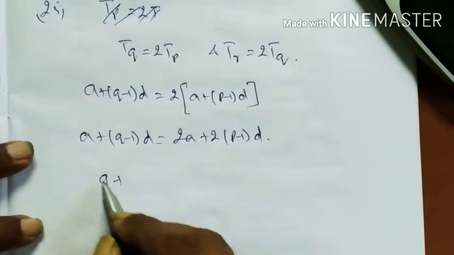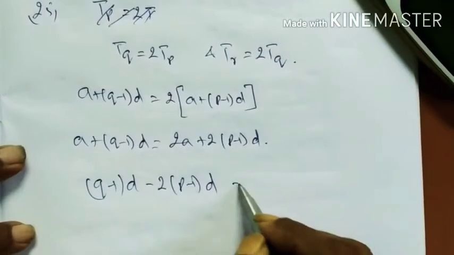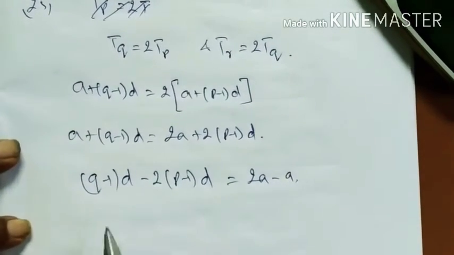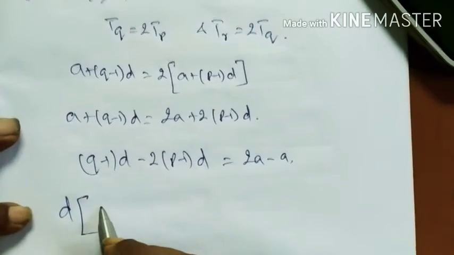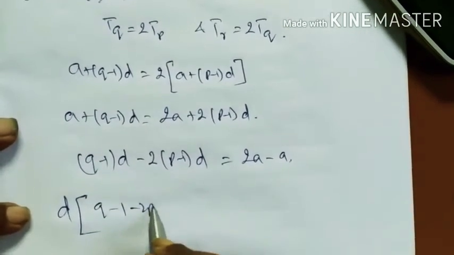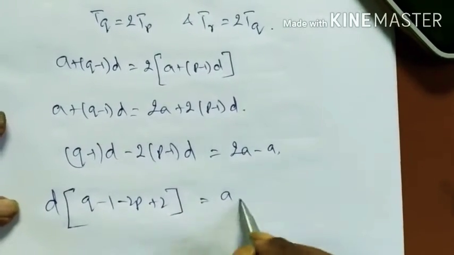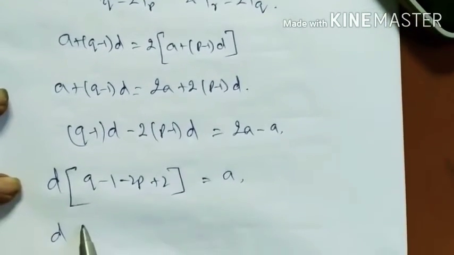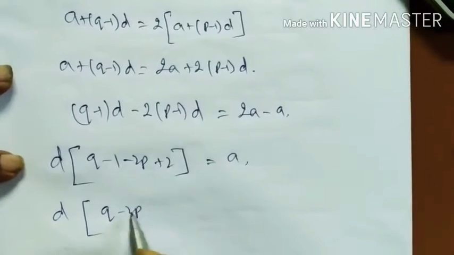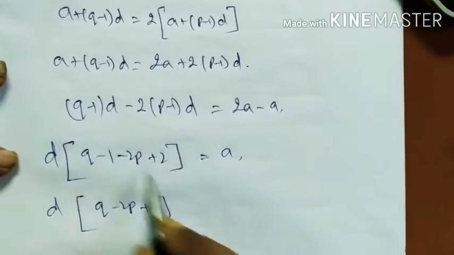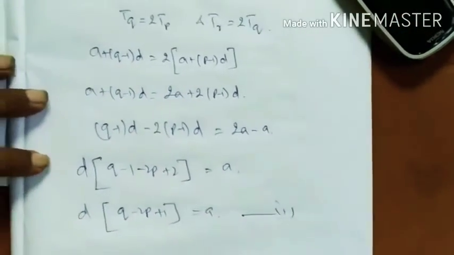Therefore q minus 1 d minus 2 p minus 1 d is equal to 2a minus a. Here d is common, so q minus 1 minus 2p plus 2 is equal to a. d times q minus 2p plus 1 is equal to a. This is the relation between a and d, equation 1.